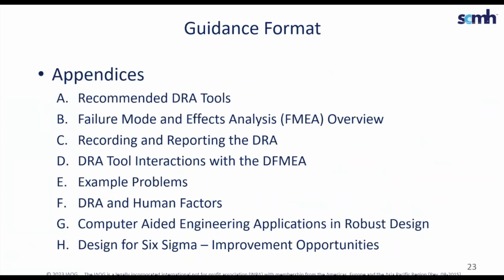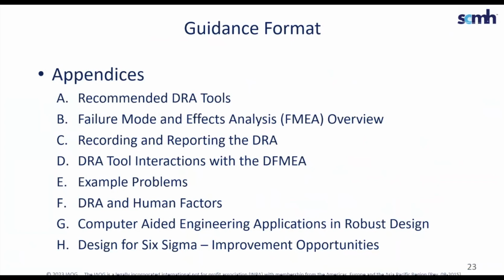Appendix C describes how to capture DRA activity in the DFMIA format and provides guidance for reporting. Appendix D provides guidance on how the recommended tools can interact with the DFMIA. Appendix E describes the example problems used to support Appendix A recommended tools.